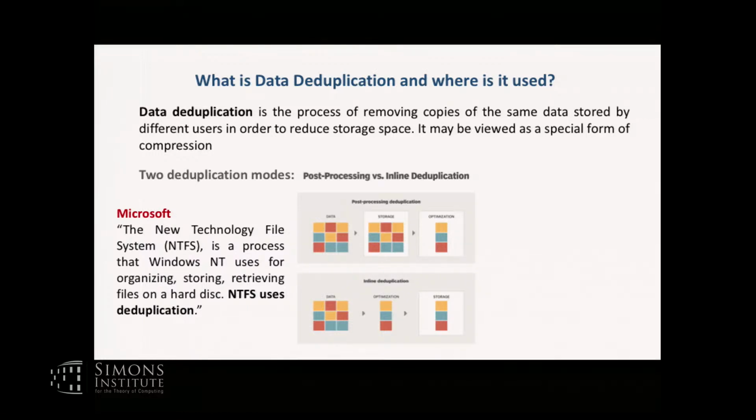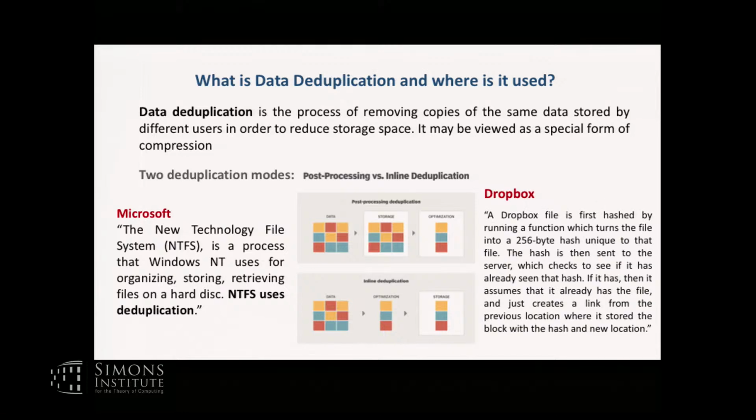And some companies openly admit that they're doing deduplication. So if you look at NTFS, the New Technology File System developed by Microsoft, they make it very explicit. They say, we use deduplication. Others, like Dropbox, have resisted admitting, but what I wrote down here is basically what hackers online say about how to test and check if deduplication is done in Dropbox.